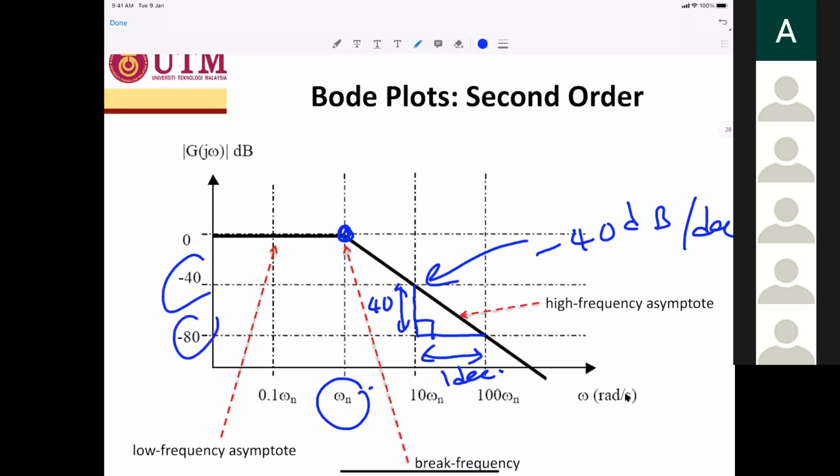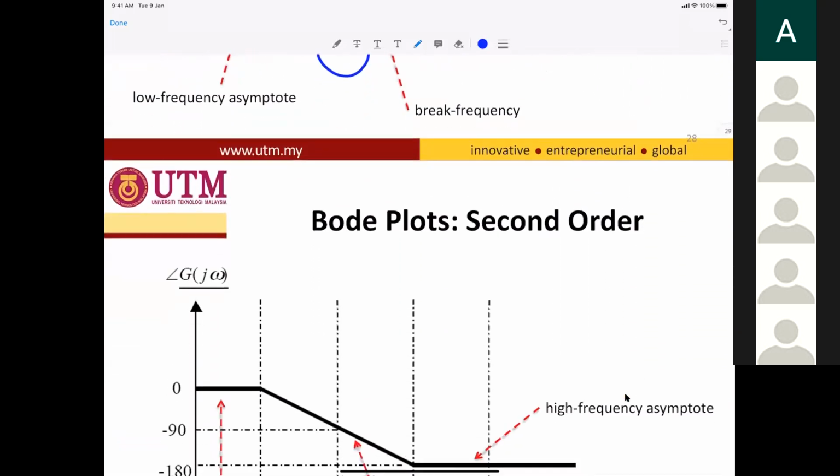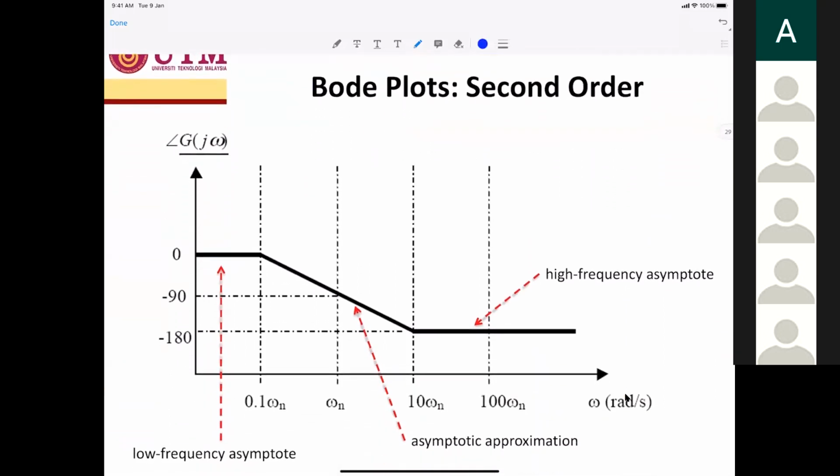So that's why you get minus 40 decibel per decade. That is the way we calculate the slope. And the second order phase is shown here, where the break frequency occurs at minus 90 degrees. Start from 1 decade before, which is 0 degrees, and then it goes down to minus 180 degrees at 1 decade after omega n.